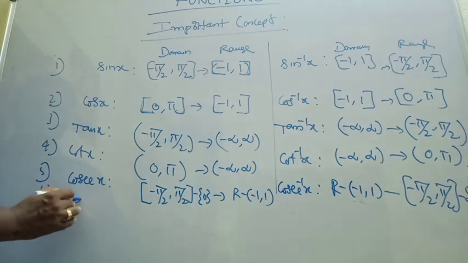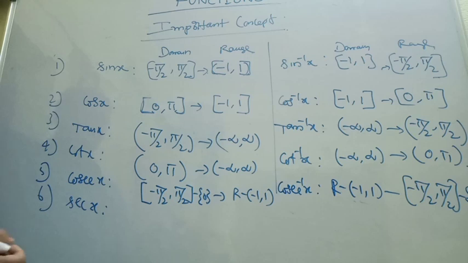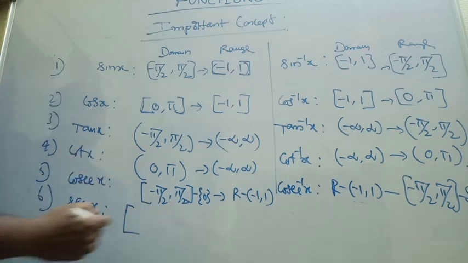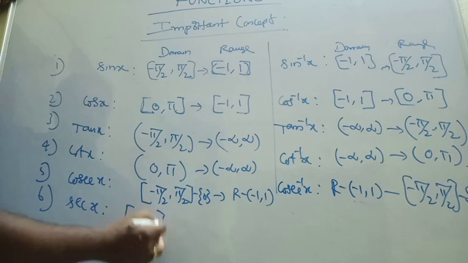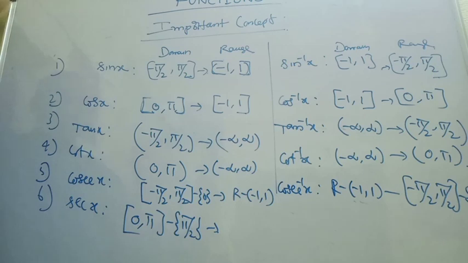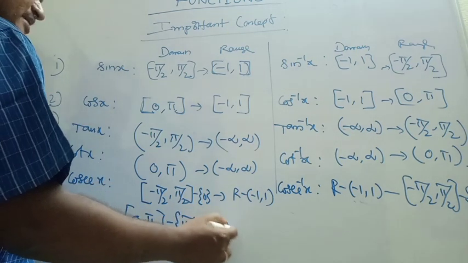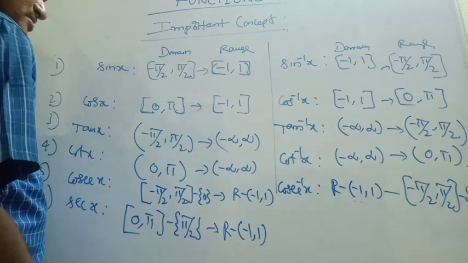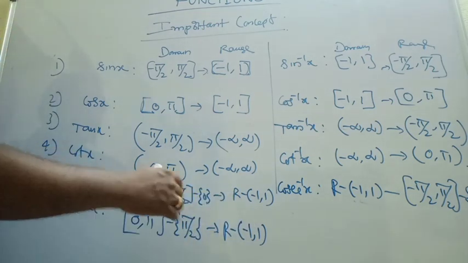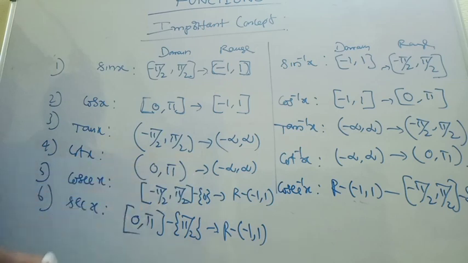Number 6, secant x, is bijective on 0 to pi except pi/2, and the range is R minus (-1, 1), meaning the real numbers except -1 to 1 are its output values.